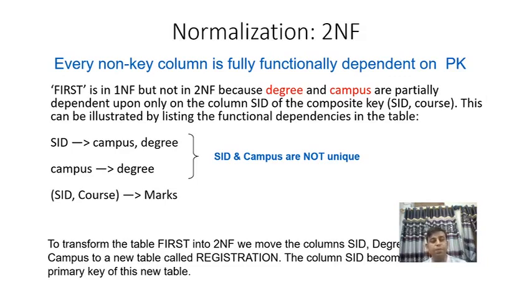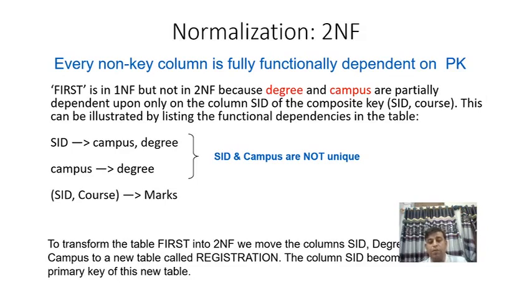For example, the CNIC, or Computerized National Identification Card number, uniquely identifies a person. Two persons cannot have the same CNIC. Each person has his or her unique identification in the CNIC.